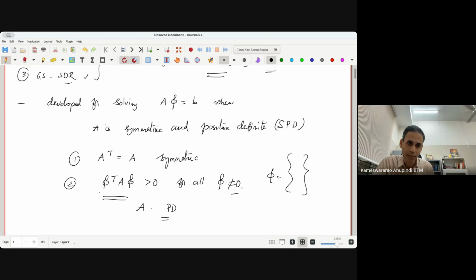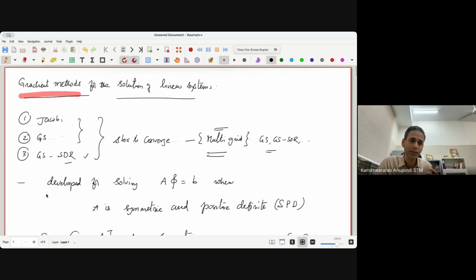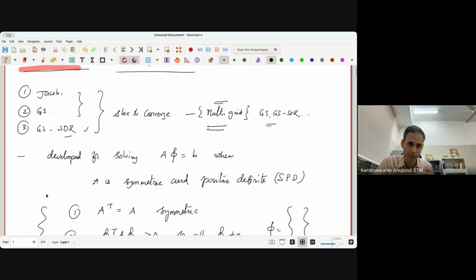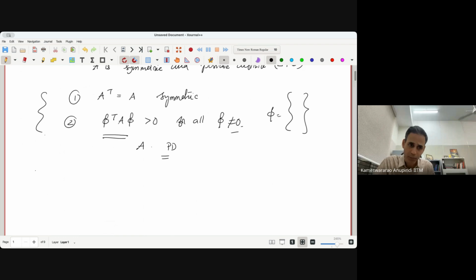Okay, so this has certain implications, and depending on the boundary conditions we get, the matrices that we work with are actually positive definite and sometimes symmetric. So for all these matrices that belong to this class of symmetric positive definite matrices, we can apply these gradient methods that we're going to discuss. Okay, so there are two gradient methods.